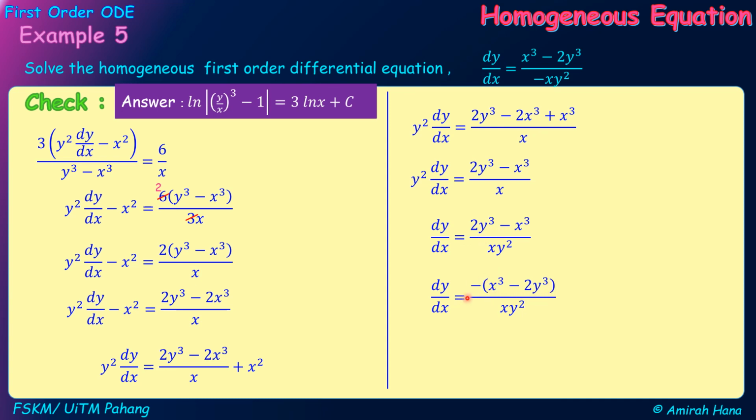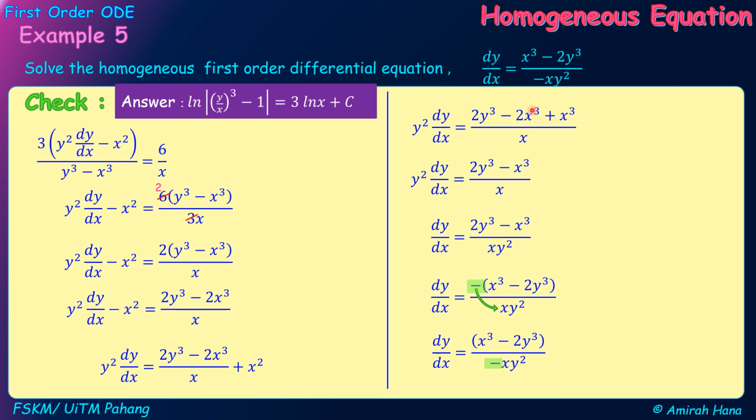So that when we expand, negative times x cubed, we get minus x cubed, and minus times minus equals positive 2y cubed. We get back the function in the numerator here. And then the negative sign in the numerator here, we also can move down. So after we move down, we get x cubed minus 2y cubed over negative x y squared, right?